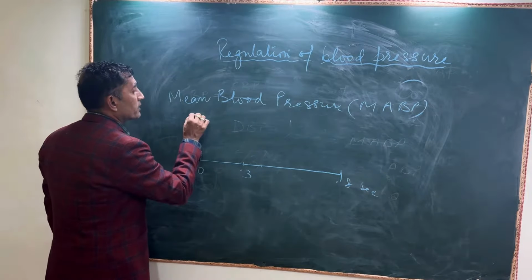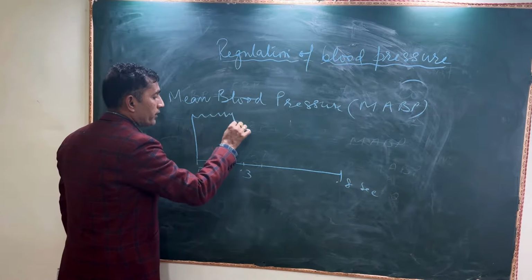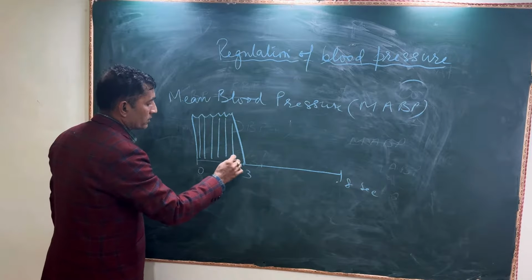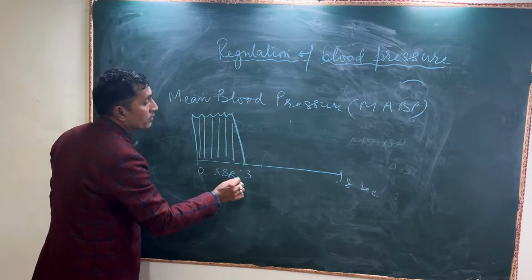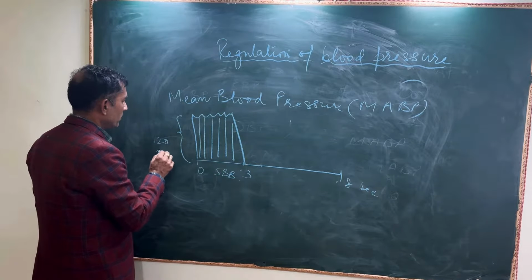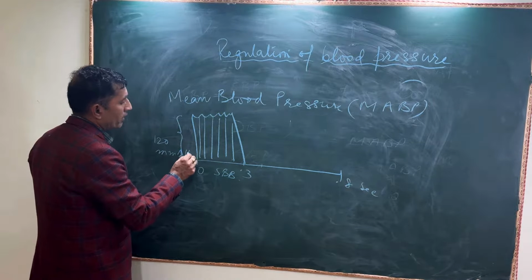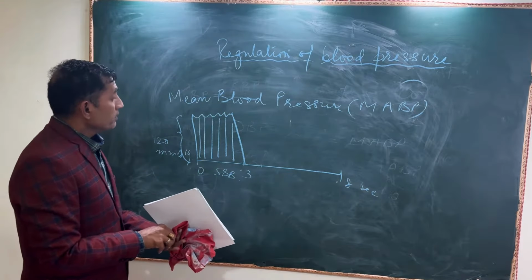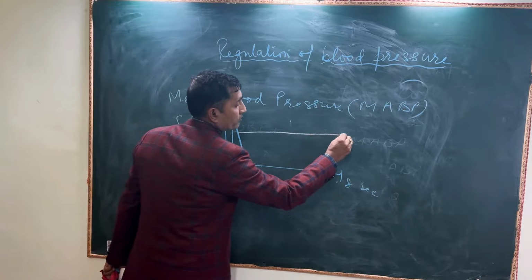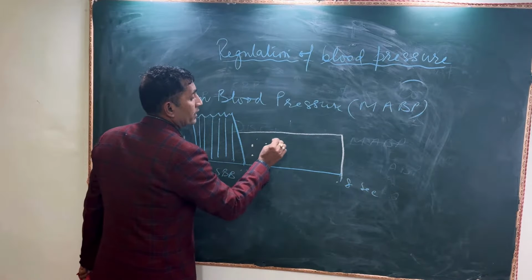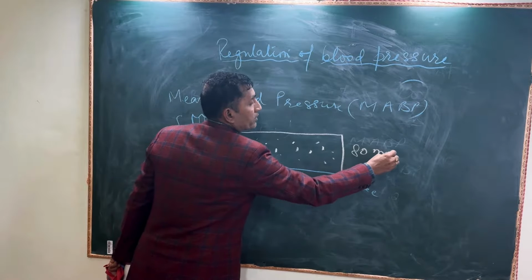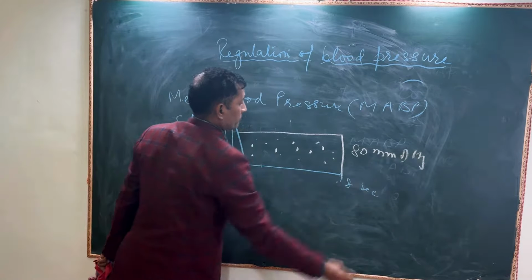This 0.3 second, that is the systolic blood pressure, and systolic blood pressure is 120 millimeter of mercury. And then this is the diastolic blood pressure, and that is 80 millimeter of mercury.